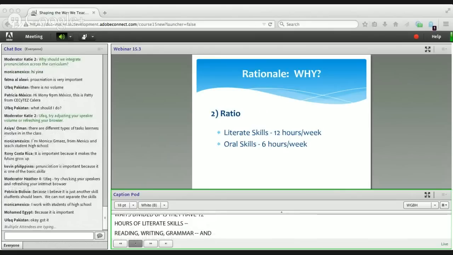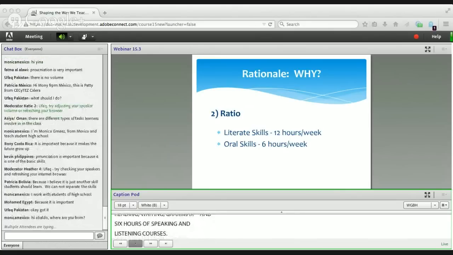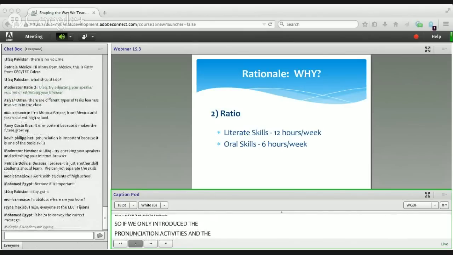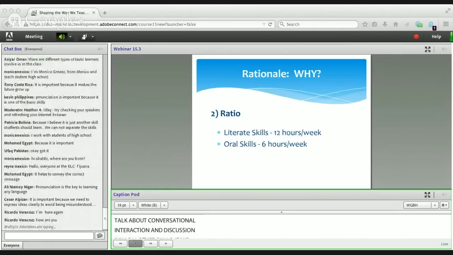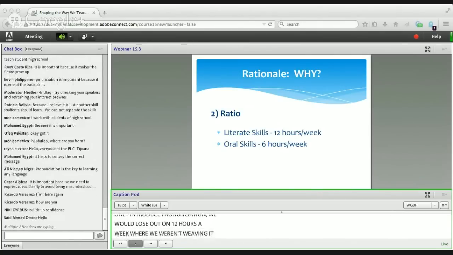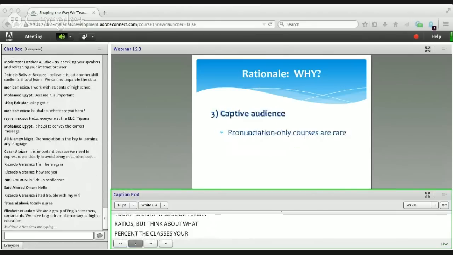And so if we only introduced the pronunciation activities in the oral skills classes, and we also in oral skills classes have to talk about conversational interaction and discussion skills and many other skills, if we only introduce pronunciation there, we'd be losing out on 12 hours a week where we aren't weaving it in, and it would be a loss. And again, your program is going to have different ratios, but think about what percent of the classes your students take are more literate skill-based, writing, reading, or grammar, or literature, and which ones are oral skills-based.